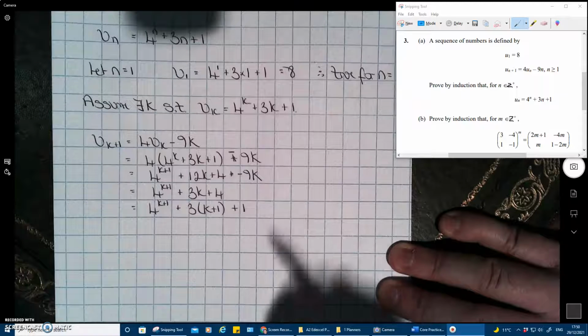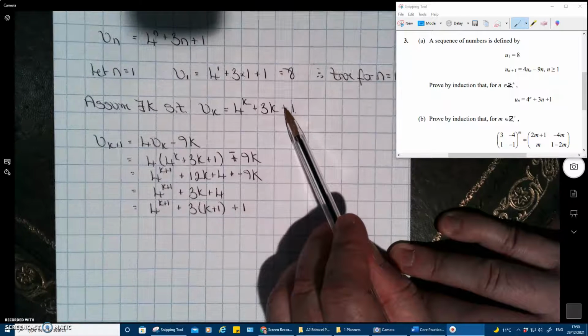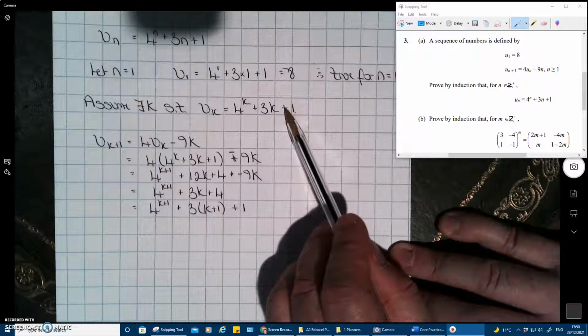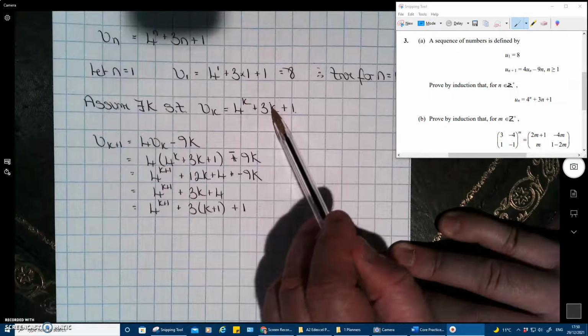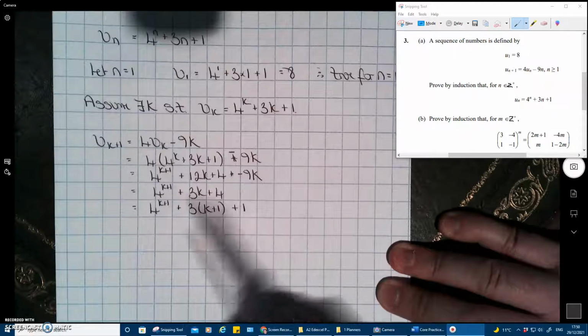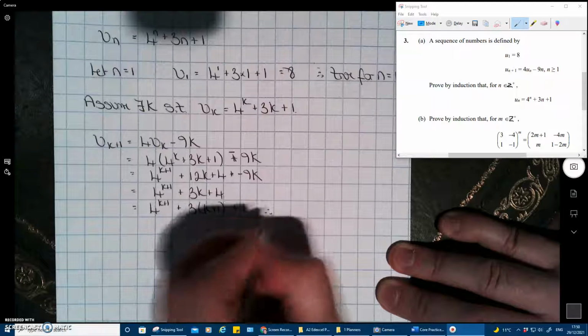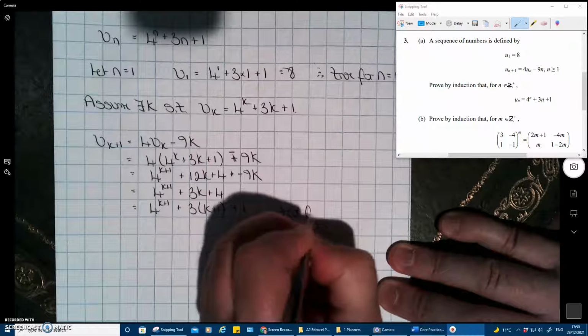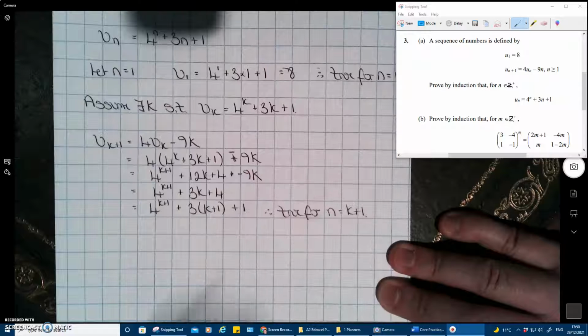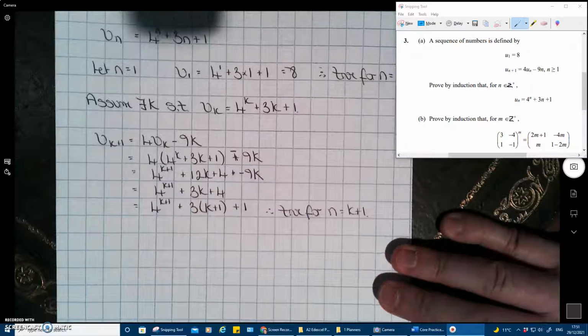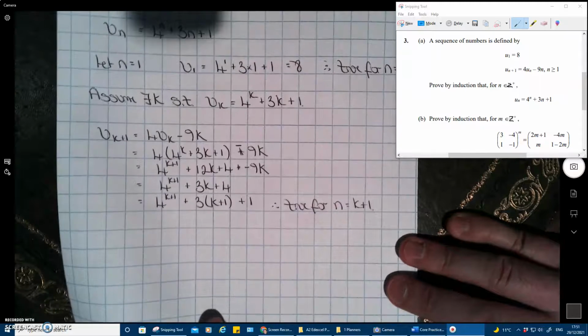Okay, so we've got it in the same format as this one up here, but all the k's have been replaced by k plus 1. Okay, so replace that with a k plus 1, that with a k plus 1, and we've got this expression. So therefore, it's true for n equals k plus 1. And now we just have to put our final statement.